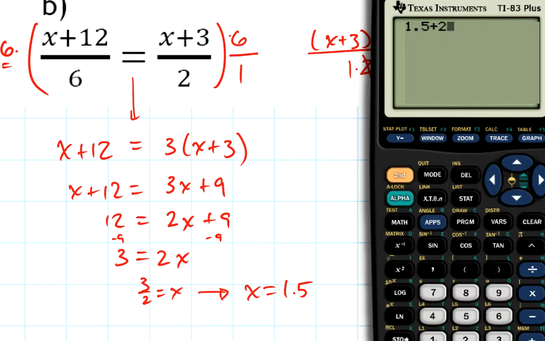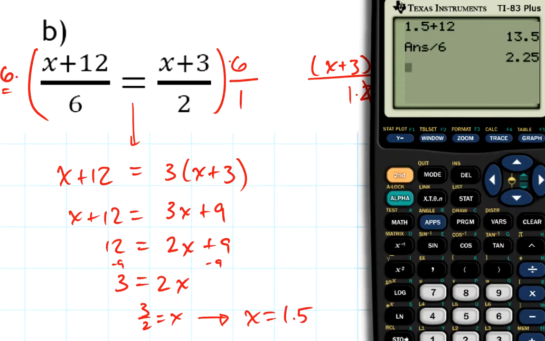I don't know why I needed a calculator for that. Then I'm going to divide that by the number 6. Let me write it in blue. I get that the left-hand side is 2.25.